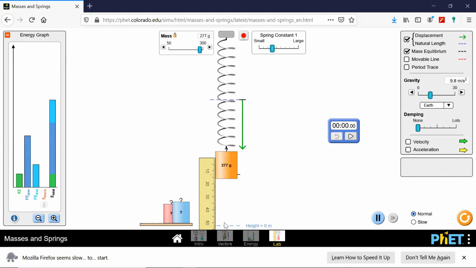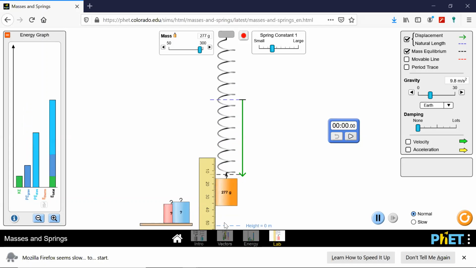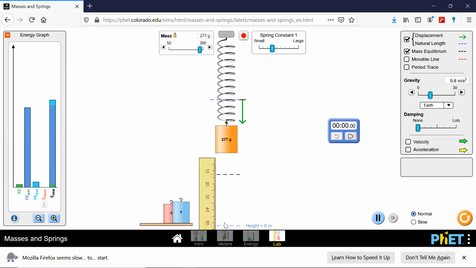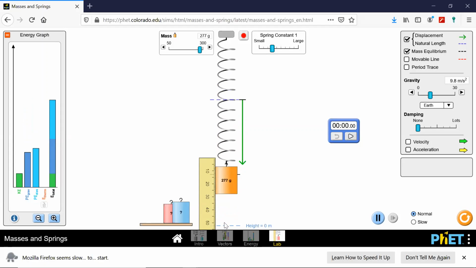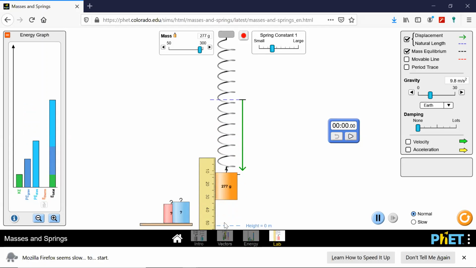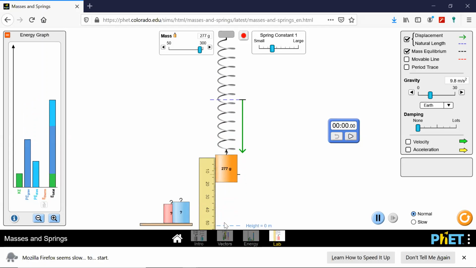So let me remind you that we have the initial position, which was, I think, 30 centimeters. I think you should use the formula. Which one? 1/2 kx squared. Correct. That's correct. 1/2 kx squared. That's what you should do. Okay, so that's going to be the energy of the spring.